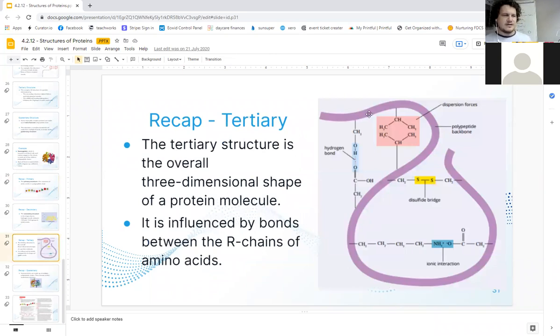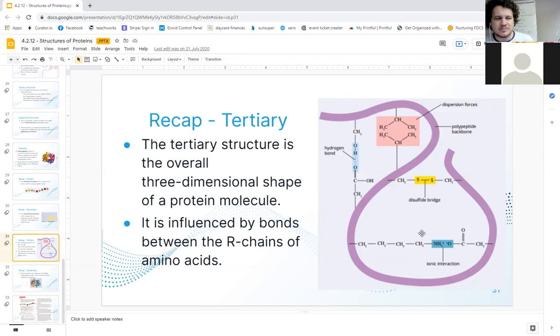Tertiary, now we're starting to get the shape affected by the hydrogen bonds. So we've got hydrogen bonding occurring, we've got dispersion forces occurring. We can also have dipole-dipole forces. We've got covalent bonding between sulfur.